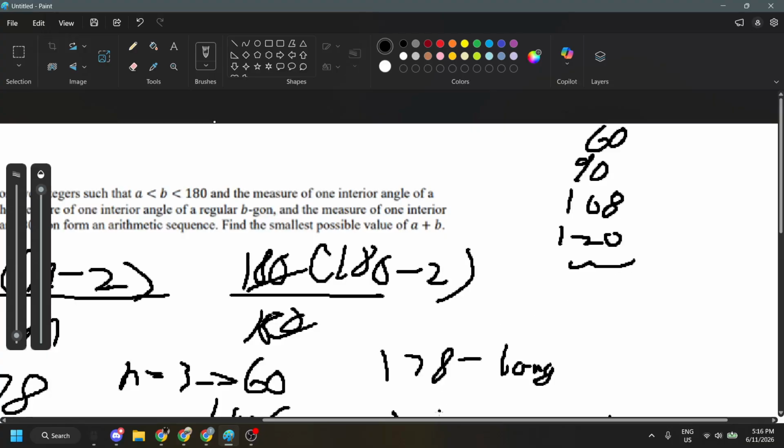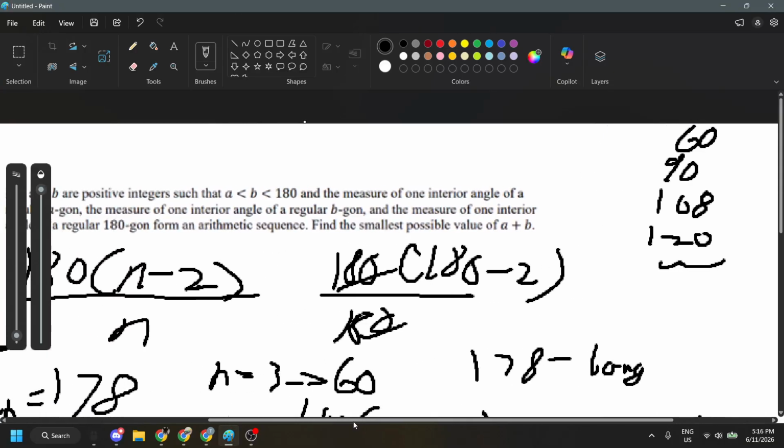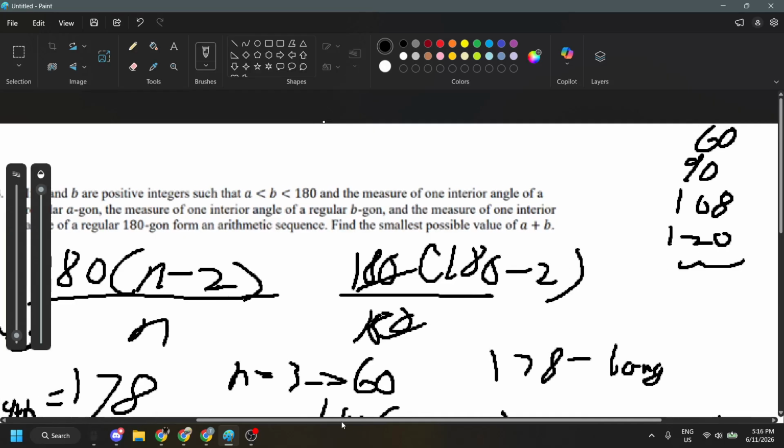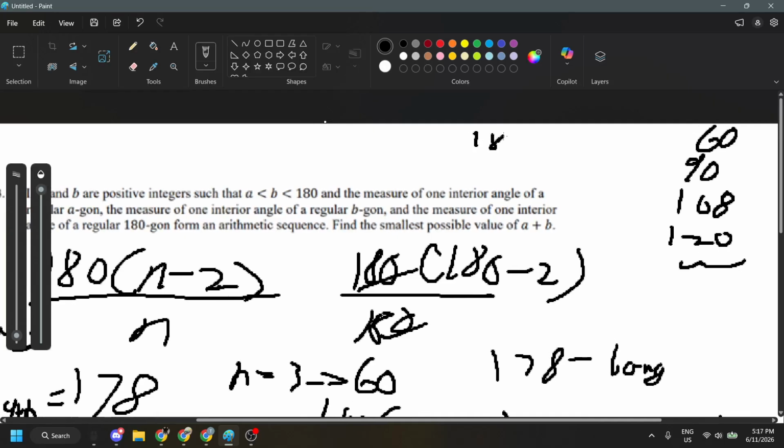And then 8 is 6 times 180 over 8, so it's 1080 over 8. Oh, it's 45. It's not 45. It's 135.